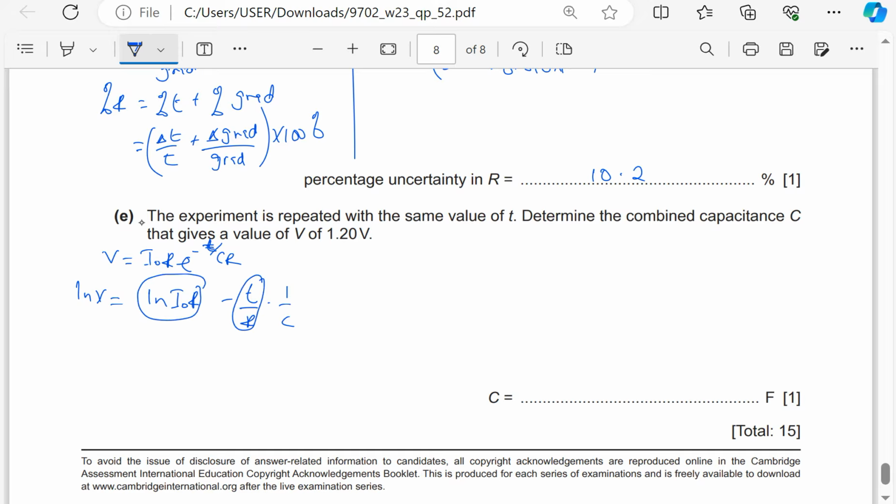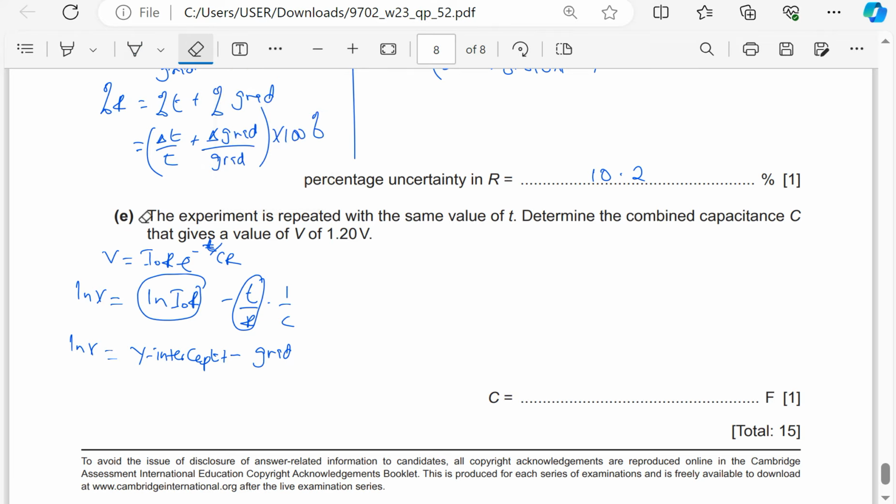So I could simply say ln of V is equal to, no, ln of I naught R was the y-intercept. So this is equal to the y-intercept, sorry, plus the gradient, because the gradient is negative.